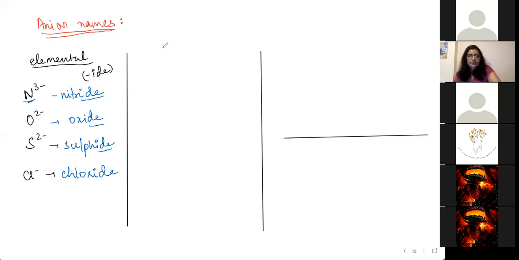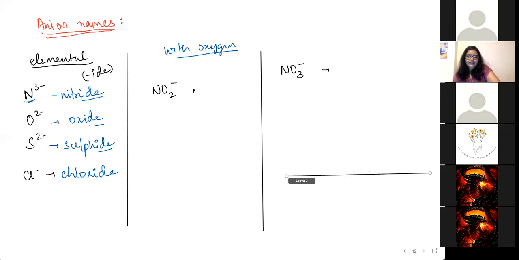Now, if it is with oxygen, there are so many ions with oxygen. If we consider nitrogen, you have NO2 minus and NO3 minus also. Not nitrogen oxide. You have to look at the number of oxygens.